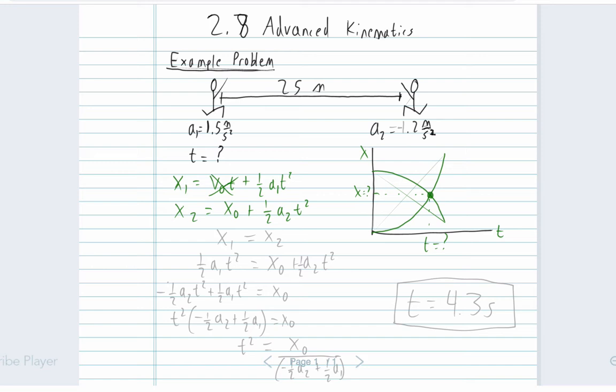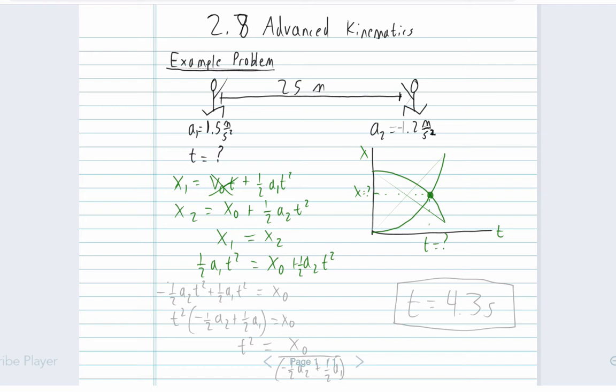If you are meeting up, then at the time that you meet up, your positions must be the same. If you are doing the high five, your position must equal his position. So we simply plug in the equations and solve. x1 is just 1/2 a1 t squared, and your friend's position is x naught plus 1/2 a2 t squared.